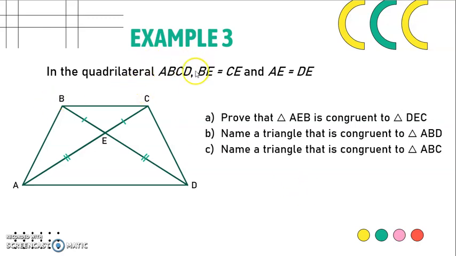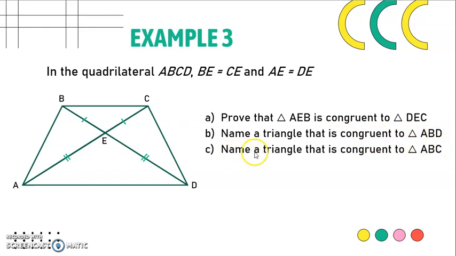In quadrilateral ABCD, BE is equal to CE and AE is equal to DE. A. Prove that triangle AEB is congruent to triangle DEC. Then second, name a triangle that is congruent to triangle ABD.